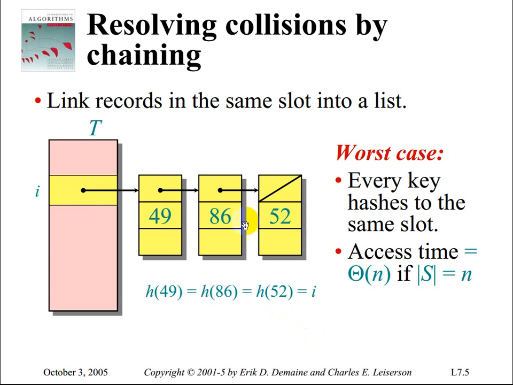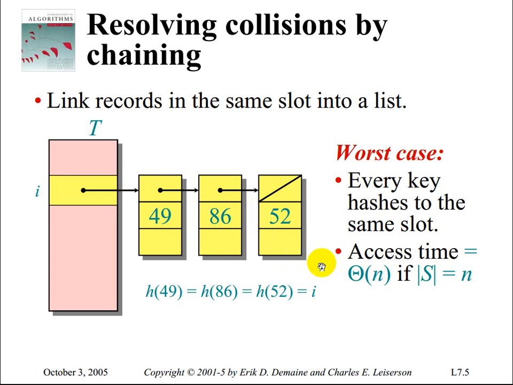The first is the linked list way: given a particular element, you attach a linked list of all the other elements that also hash to the same bucket. And once again, the worst case is if everything hashes to the same slot, and it's order n.